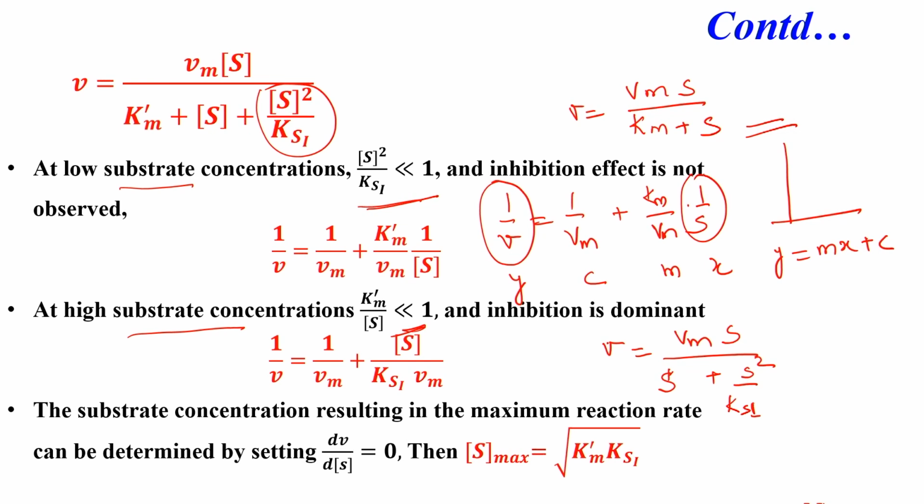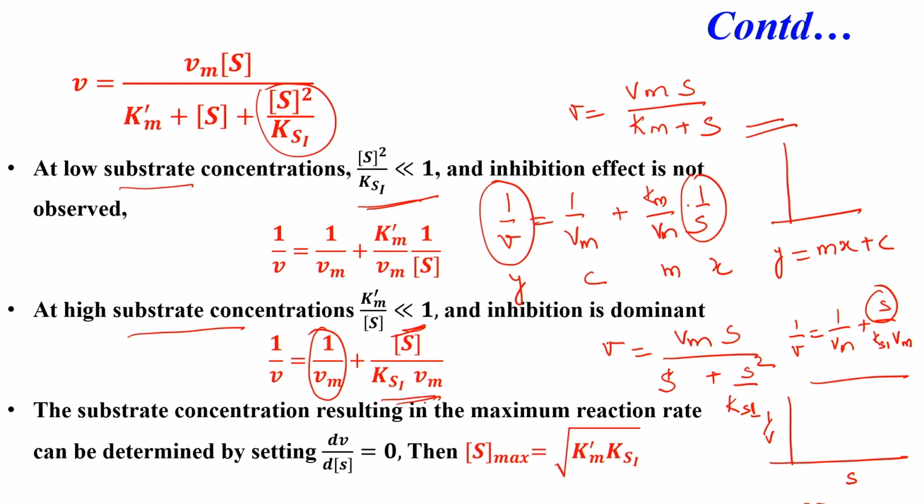Now, if I rearrange this, it becomes 1 upon V equals 1 upon Vmax plus S upon Ksi into Vmax. Here, to calculate the kinetic parameters, we have to plot 1 upon V on the y axis and S on the x axis, and the intercept will be 1 upon Vmax and the slope will be 1 upon Ksi into Vmax.